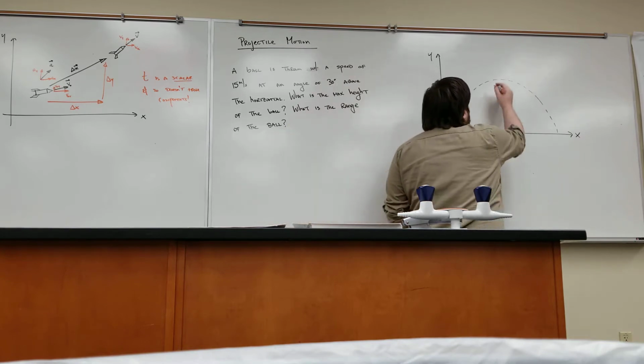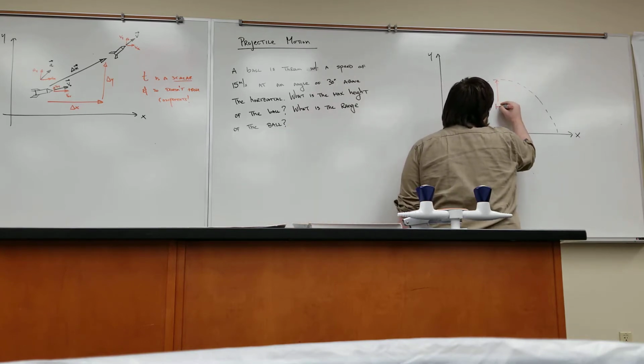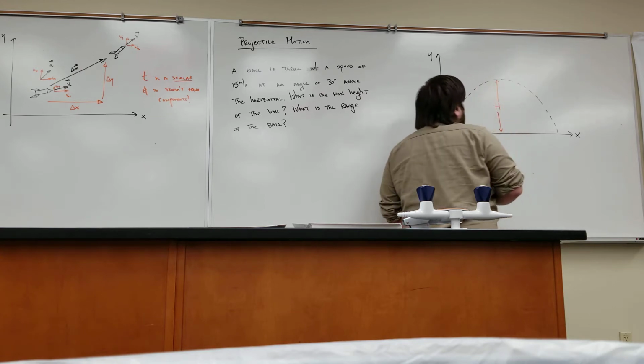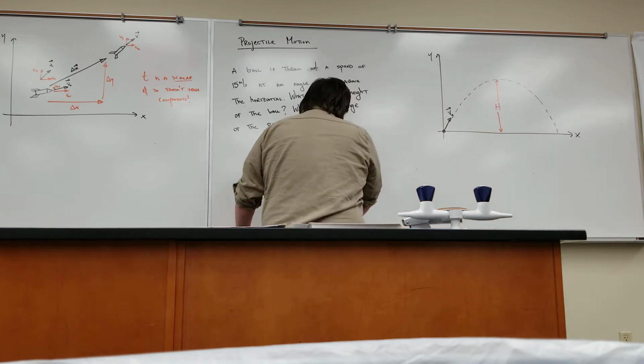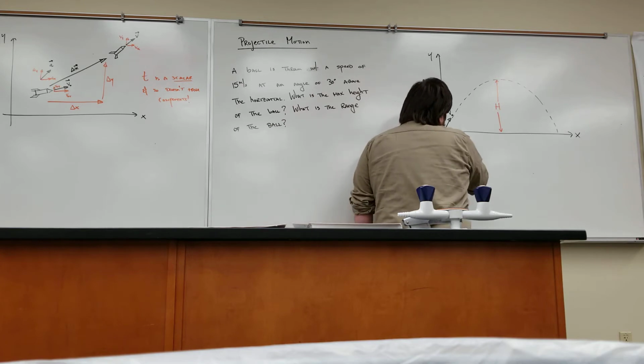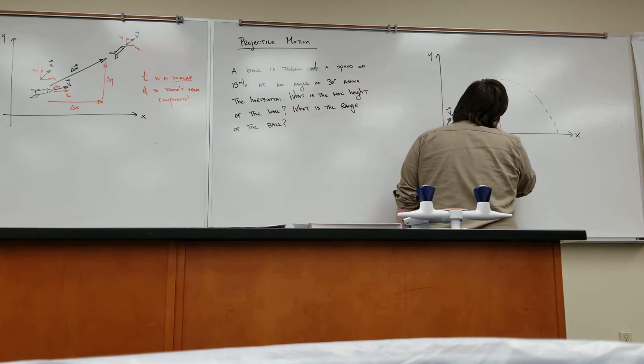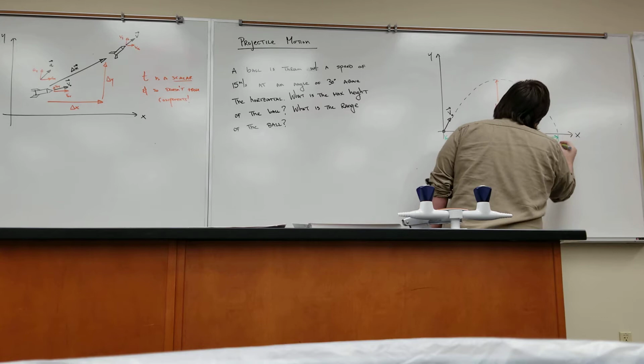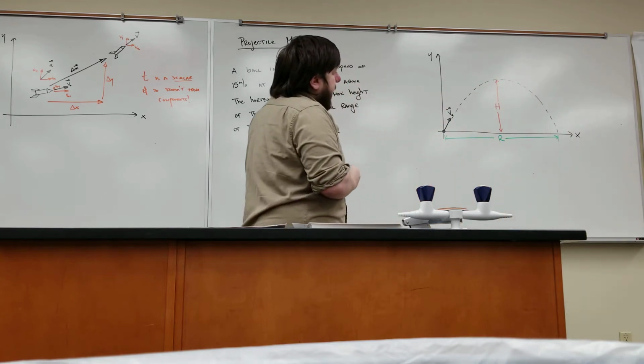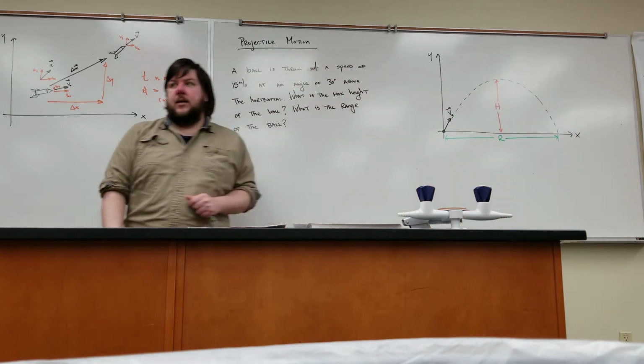The maximum height is just the height to the peak of the trajectory, and the range is the horizontal distance to where the object lands.